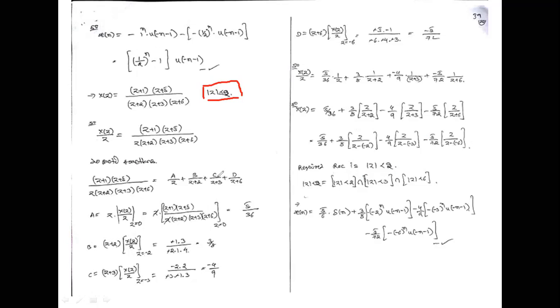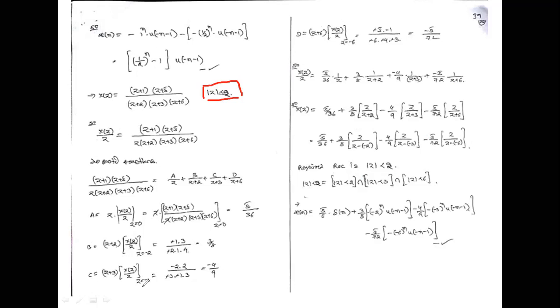To get c, take the denominator z plus 3 and multiply this total function, substituting z is equal to minus 3. And the last one, d, take the denominator z plus 6 and multiply with the x of z by z, the total function. In that the z plus 6 gets cancelled.